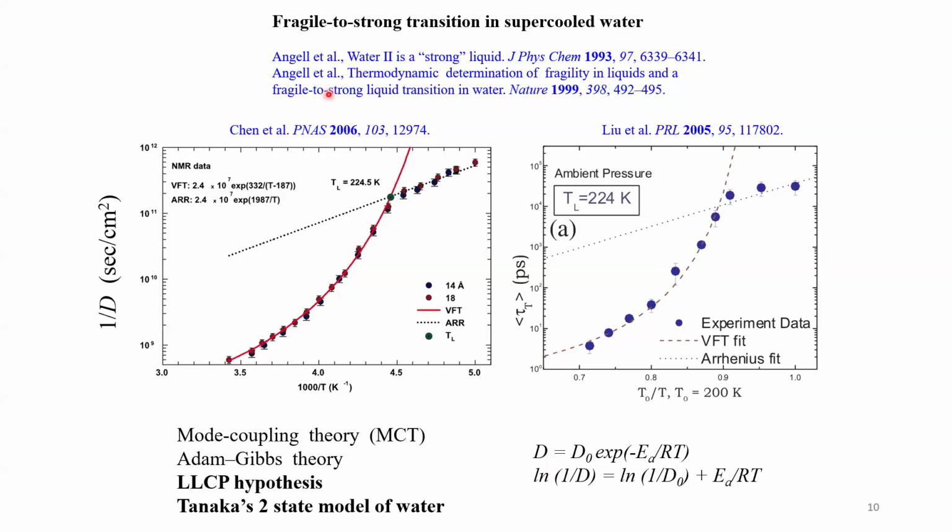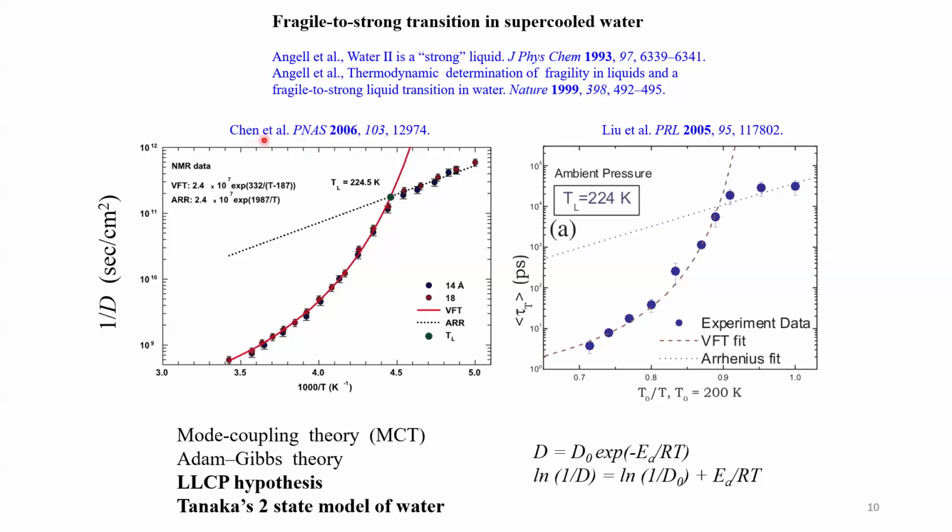It changes its behavior as the temperature is changed. It is observed that at higher temperature or ambient conditions, water does not follow Arrhenius behavior. Neither diffusion, nor viscosity, nor alpha relaxation time follows it. However, if you decrease the temperature, it starts changing.